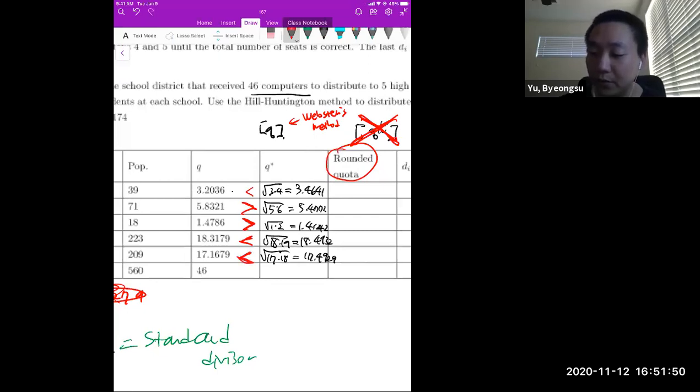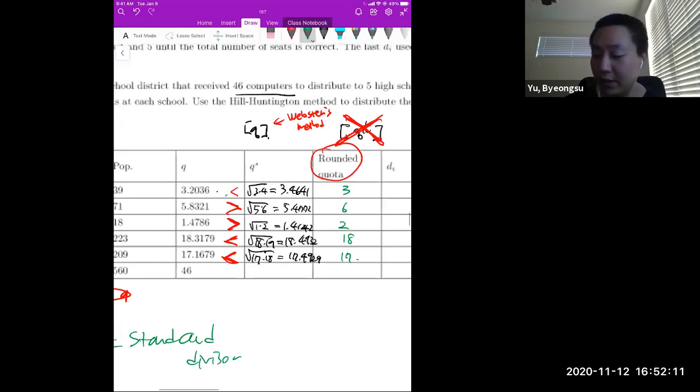For lines where Q is less than Q star, just round down, so you get 3, 18, and 17. For lines where Q is greater than Q star, you round up, so you get 6 and 2. If you add all the numbers, you get 46. So in this case, every seat is distributed well, right?